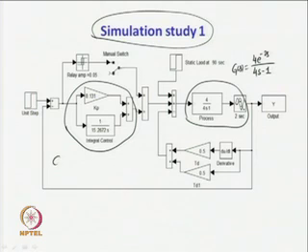So, the dynamics of the PI controller is given as 0.131 plus 1 upon 15.2672 s.